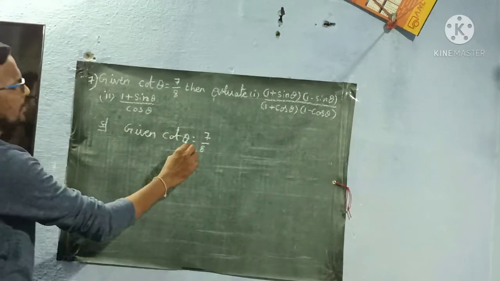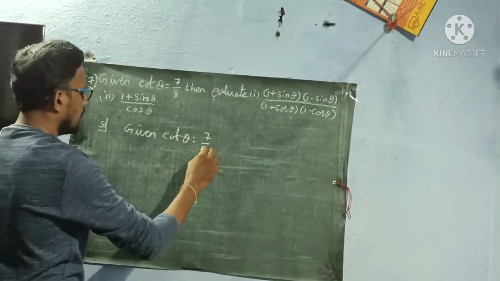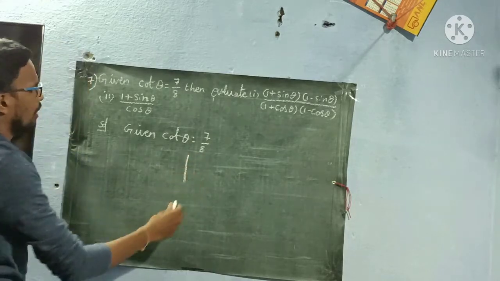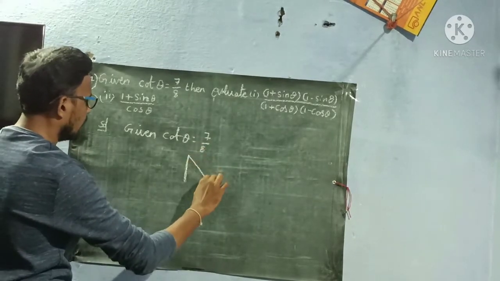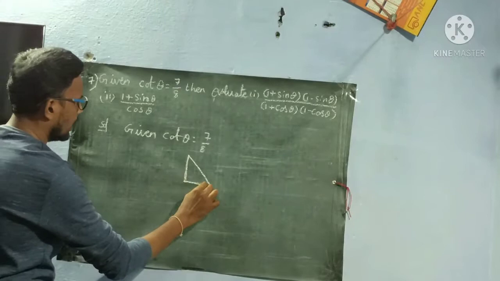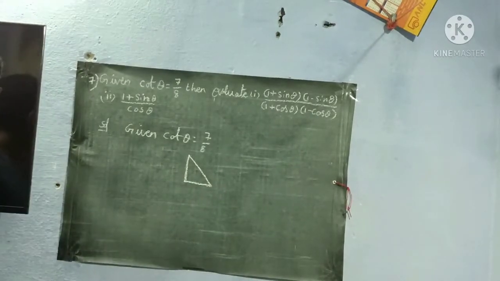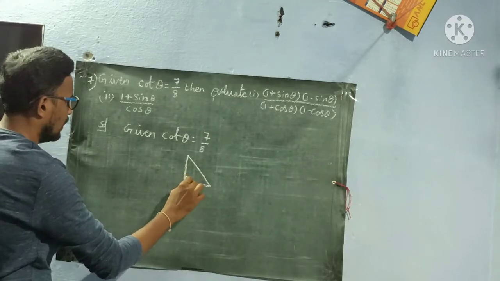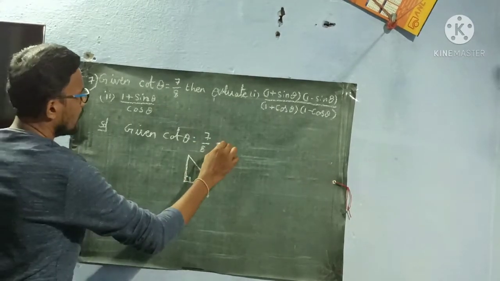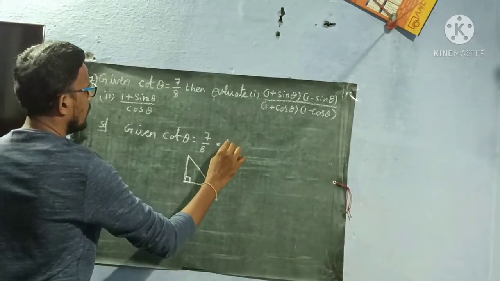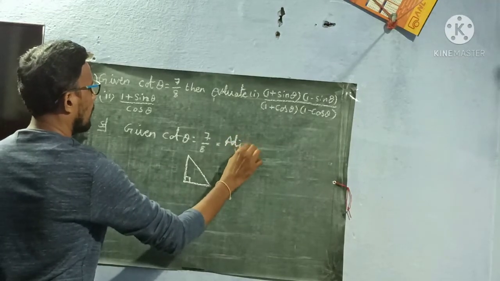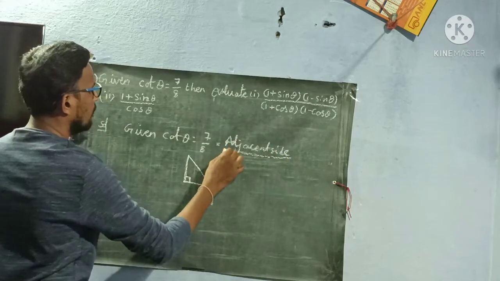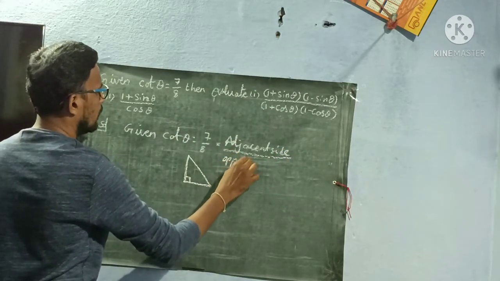For representing cot theta in the form of adjacent side and opposite side, I need to draw a triangle like this. This is a right angle triangle, and we know that cot theta is equal to adjacent side by opposite side.